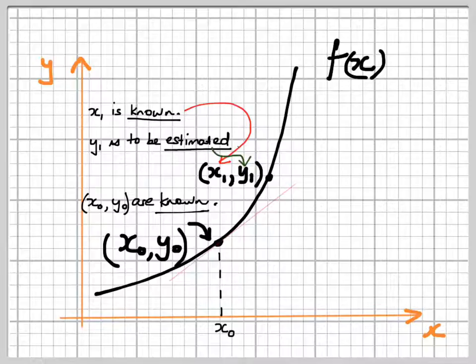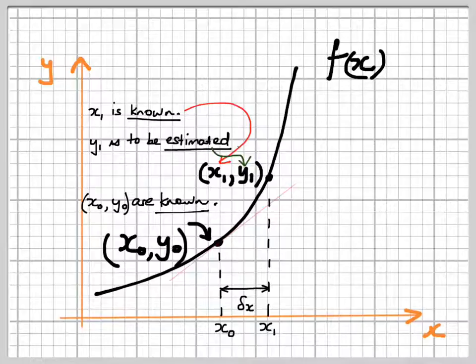We know x0 and y0 at ground 0. We know x1, but we don't know y1. We've got to guesstimate it with an approximation technique, okay? Now, so there's x1, and what I've done is I've drawn in delta x, sometimes otherwise known as h. And delta x is a very small increment in x, from x0 to the point we call x1.